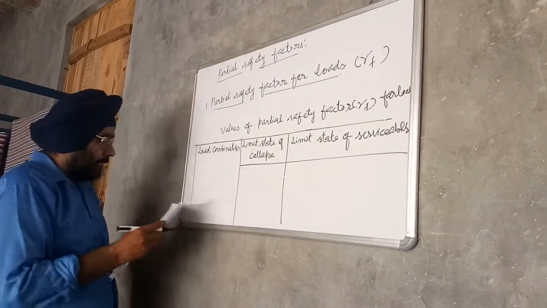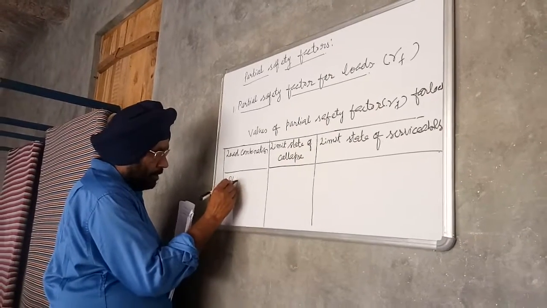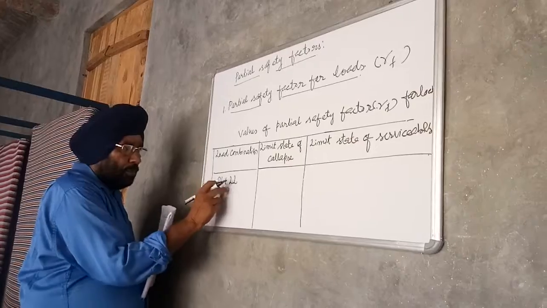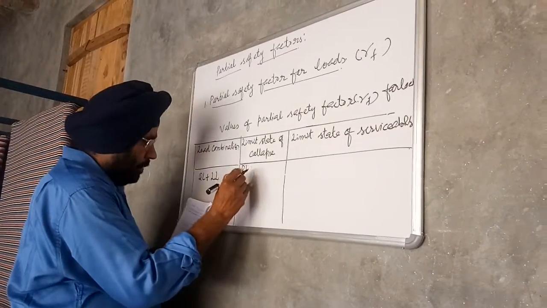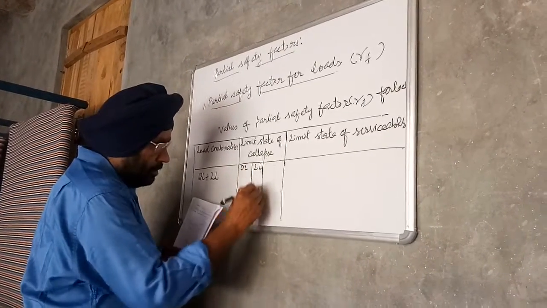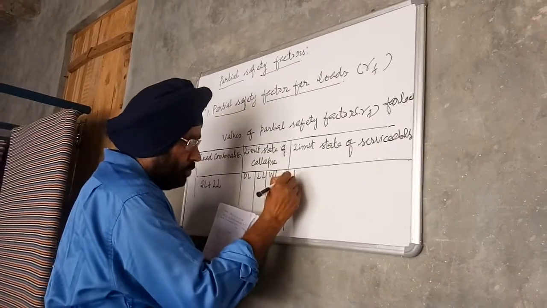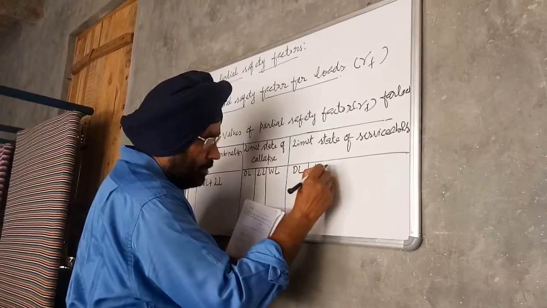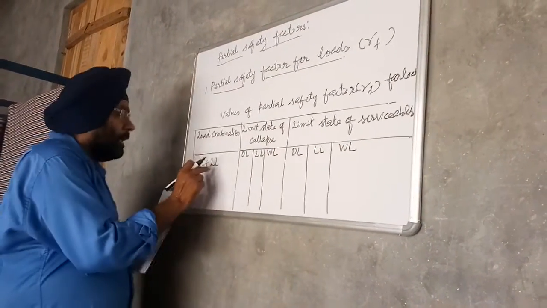So load combination is dead load plus live load. So it means dead load plus live load, and this is dead load and live load. This is WL, which means wind load. So dead load, live load and wind load. So dead load plus live load.